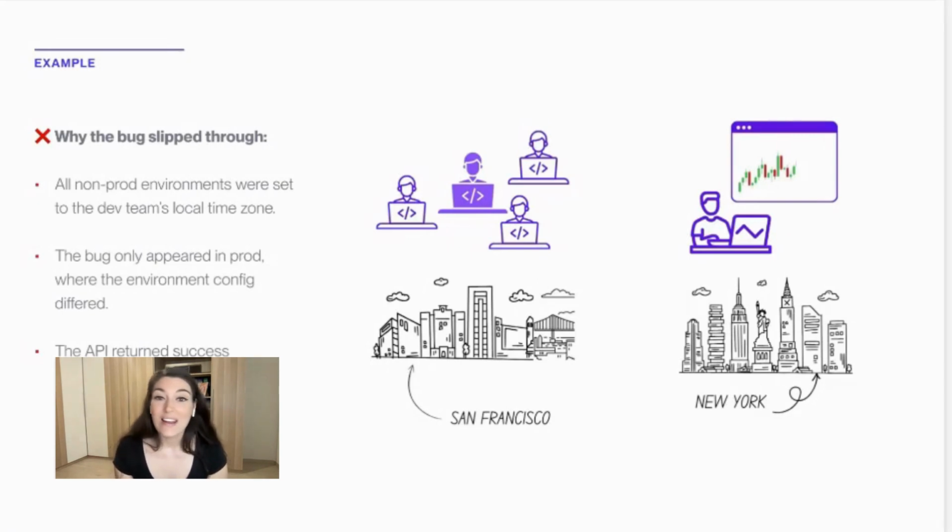Production, however, ran on a different time zone, and the local time enforcement caused volatility to be calculated based on after market close hours. And no alerts were triggered because HTTP responses were still 200s with empty array responses.